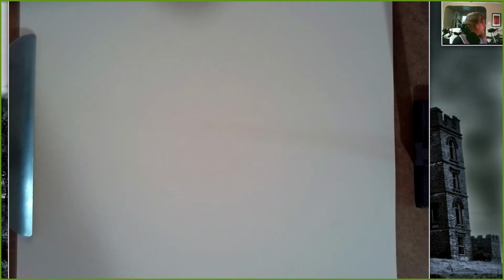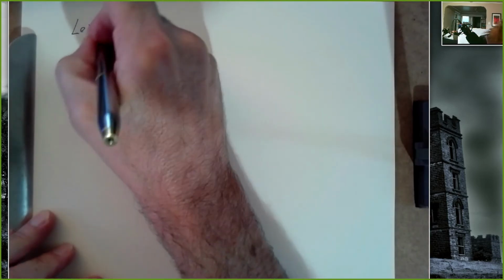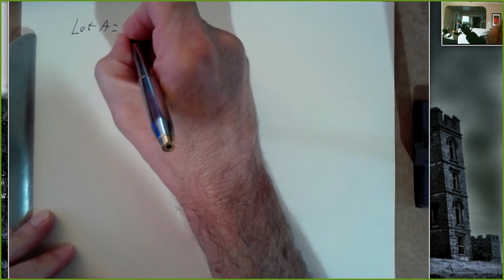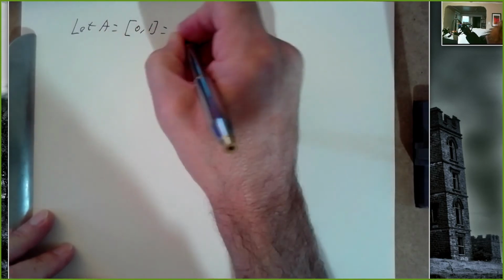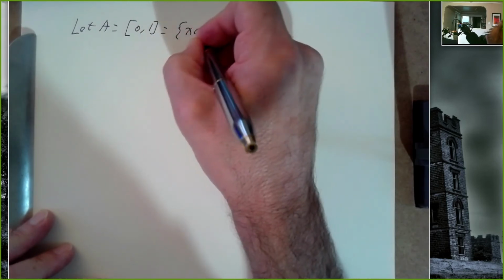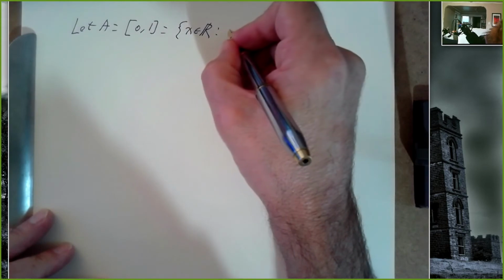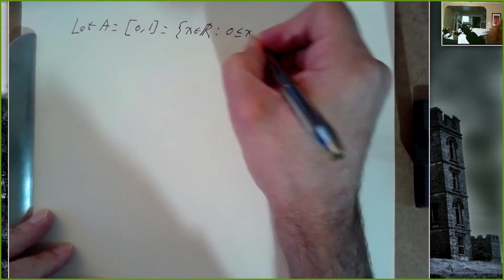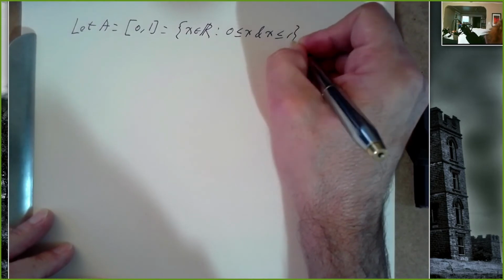All right, let me show you a particular case where this tuple business will actually be familiar. Let A equal the closed interval 0, comma 1, which is the set of all, and I'm going to go to real numbers here for a few minutes, the set of all real numbers such that that number is bigger than or equal to 0 and less than or equal to 1.